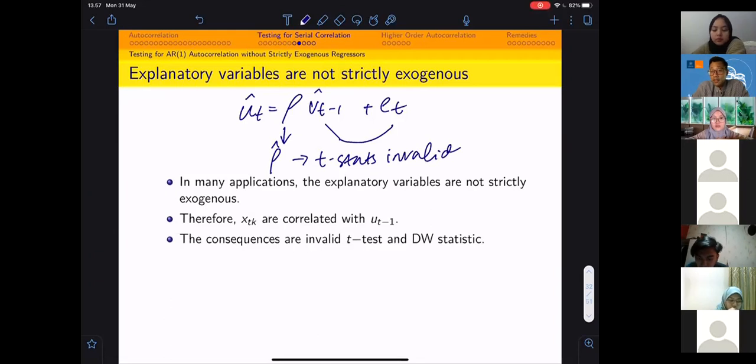If they are invalid, then our conclusion on whether or not there is serial correlation is going to be invalid, or false. So in the case that there is no strict exogeneity, how should we change the regression specification?